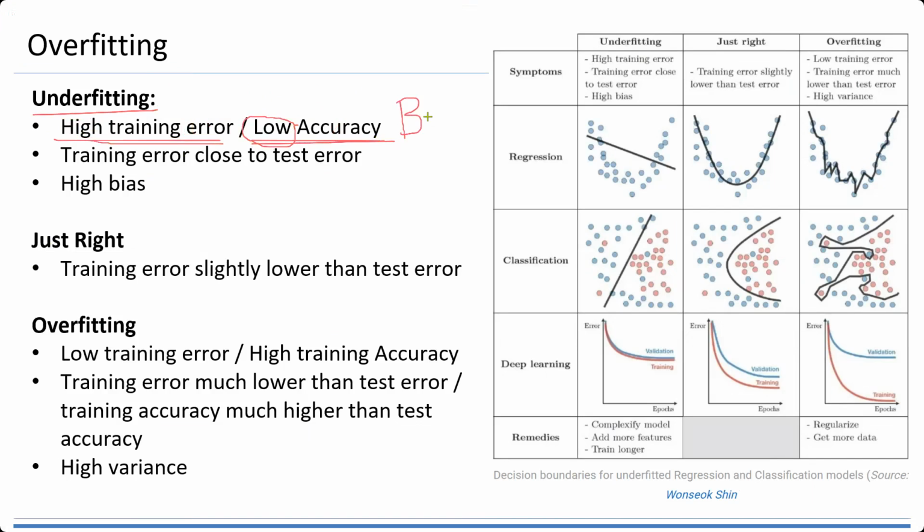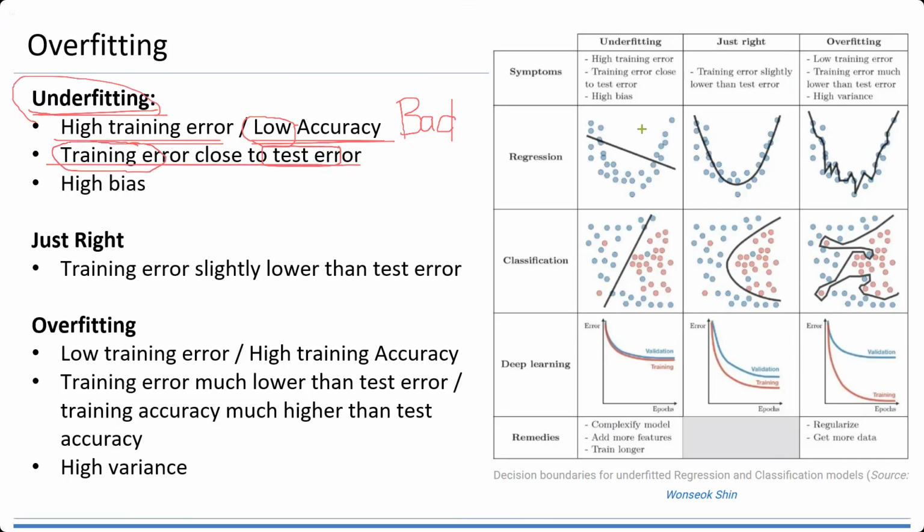So when the result or the metric is bad, we call this underfitting. The training error is close to the test error. So when you do it on the training data, the result is almost similar to the testing data. Then we call this underfitting.